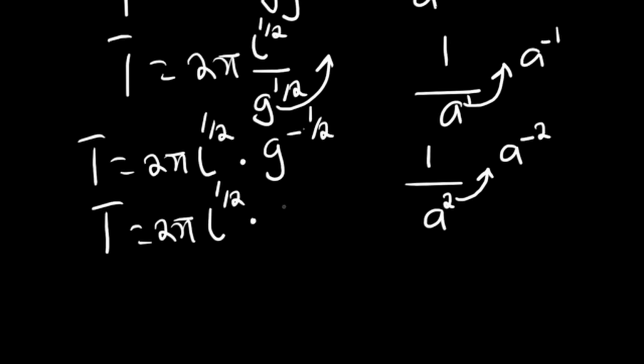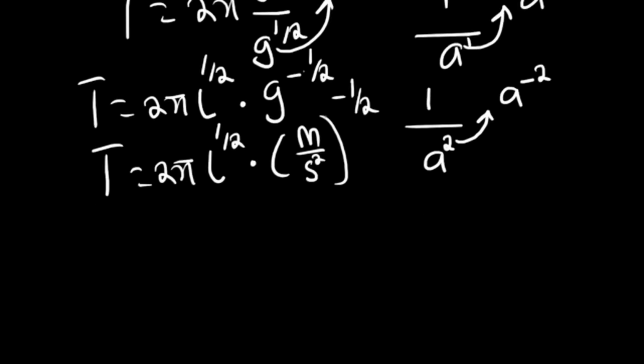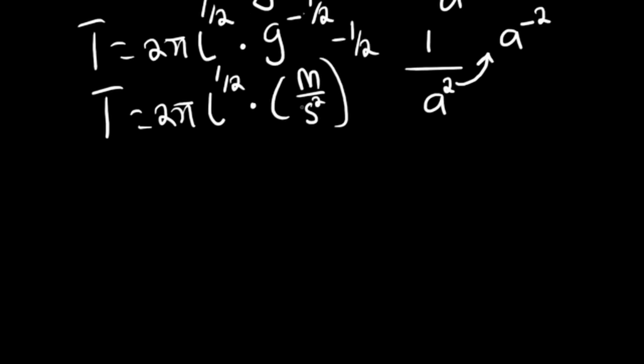Now here, I'm going to replace this g with meters per second squared. Remember that g itself is being raised to the power of negative half. So we now have negative 1/2. Okay.